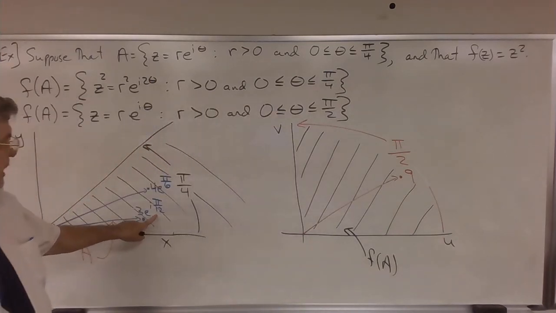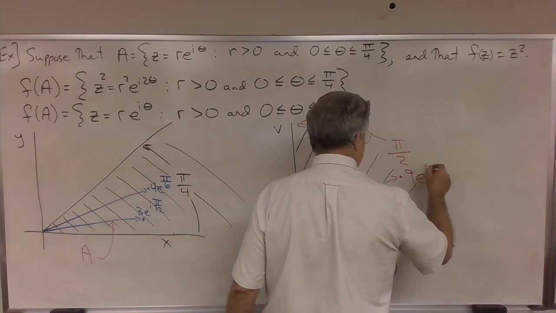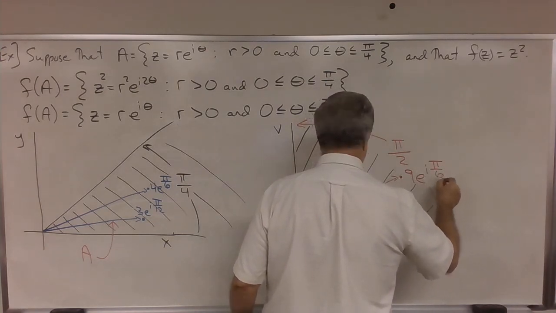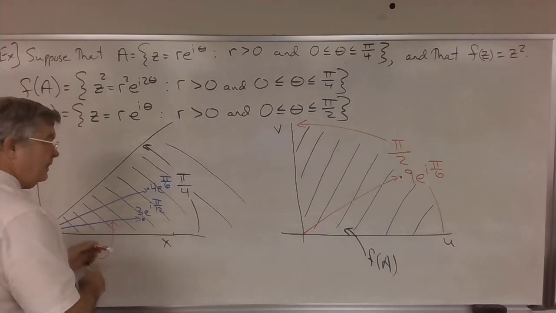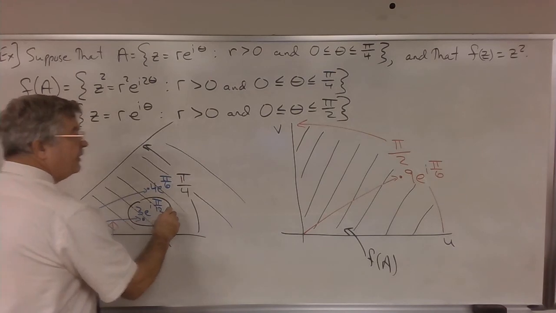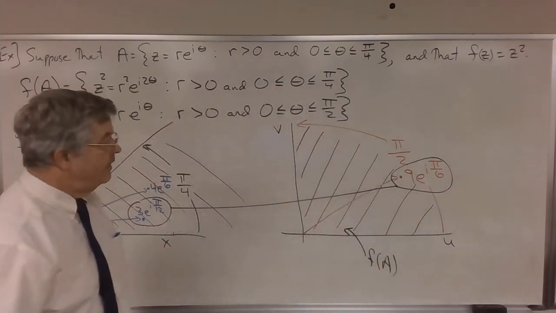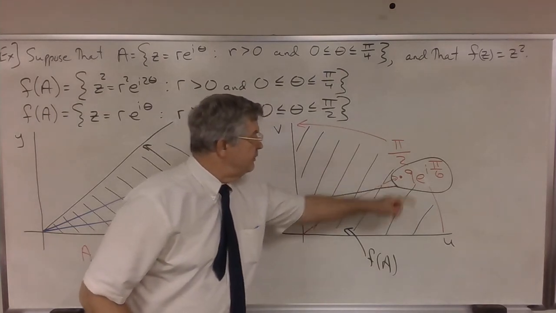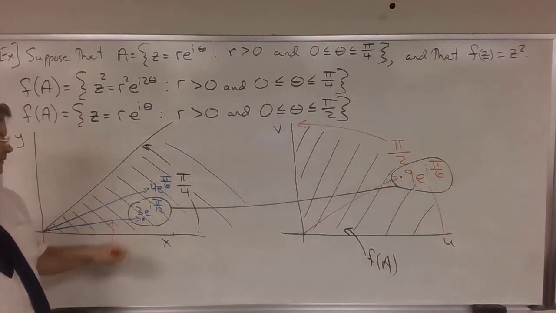And the angle got doubled. So this guy gets sent over here to this guy. This is the image of 3 e to the i pi over 12.